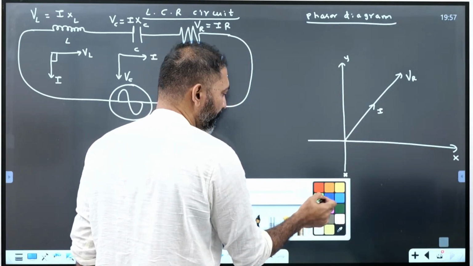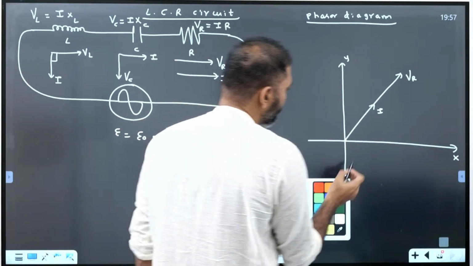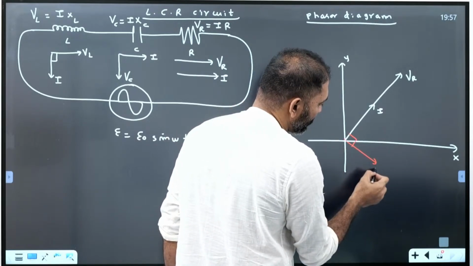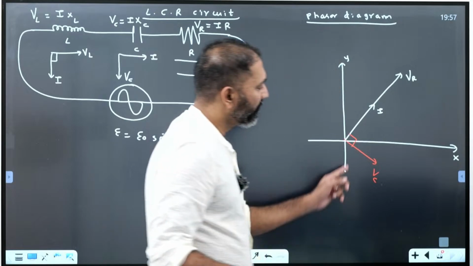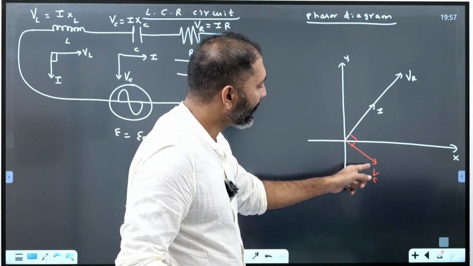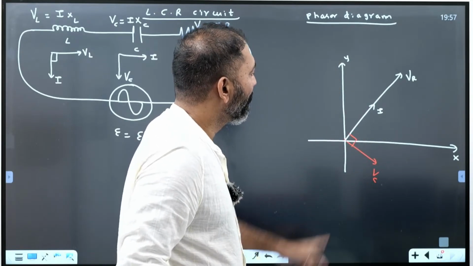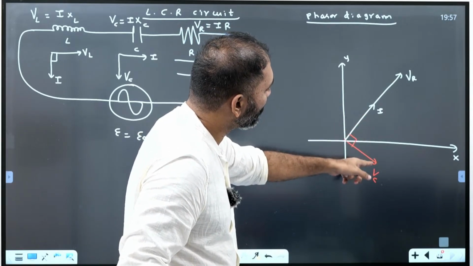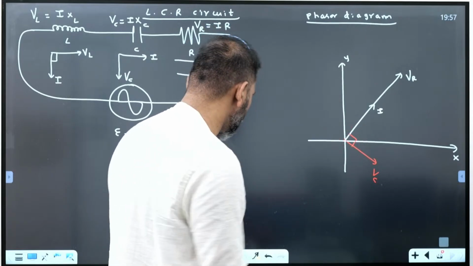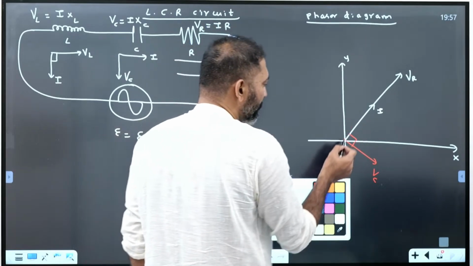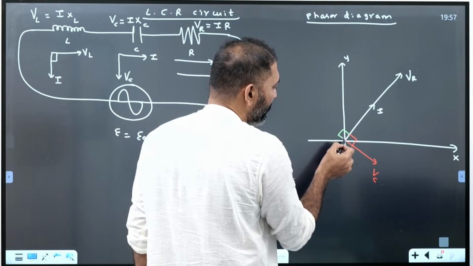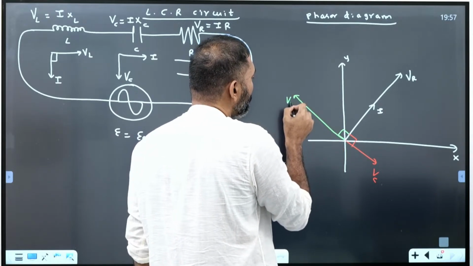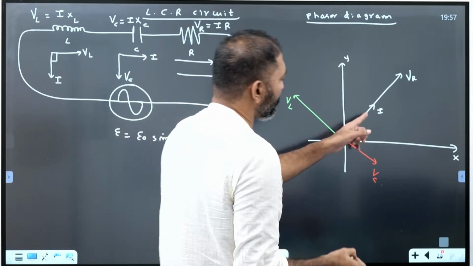Now I know the voltage across capacitor will be 90 degree behind the current, because in capacitor current leads ahead of voltage or EMF by 90 degree. But what about inductor? Voltage across inductor is 90 degree ahead of current.